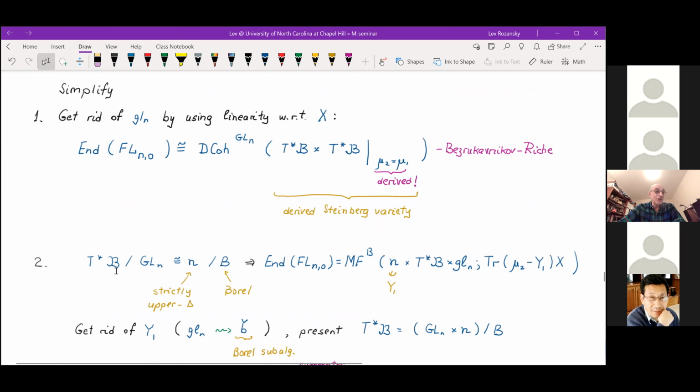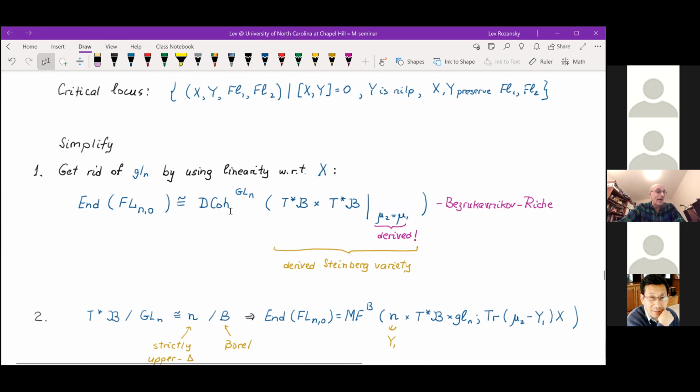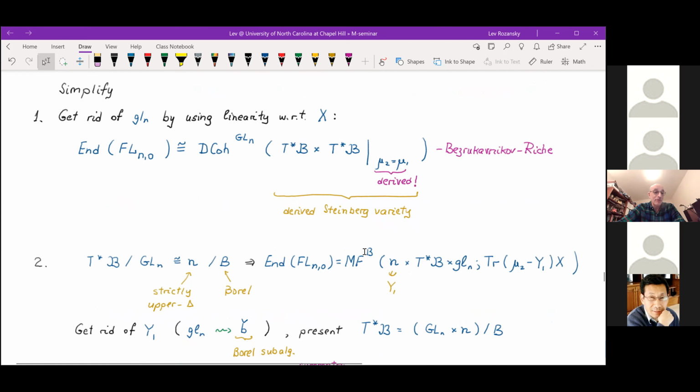The second way to simplify, there is another way to simplify this category. Let me say it quickly: you put one flag into the standard position by using GLN equivariance. So now you're left with Borel instead of GLN. You lost your first flag, it's fixed. So you only have its fiber, which is nilpotent, strictly upper triangular matrices.